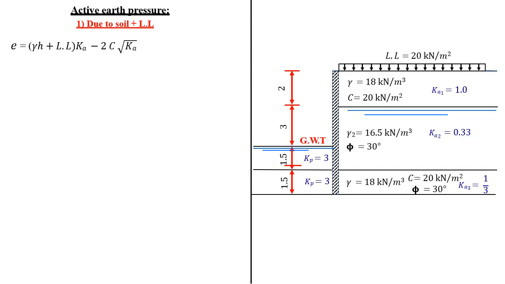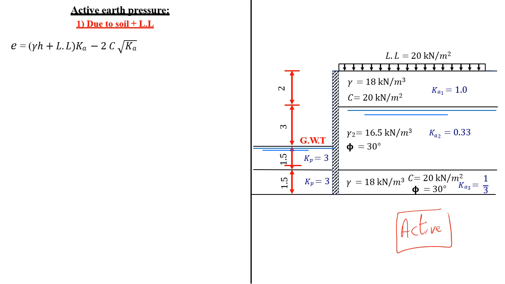So now let's begin the process of calculation of lateral earth pressure. First of all, we have to determine the locations at which we will compute the pressures. On the right hand side of the retaining wall, we will use the active earth pressure equation.